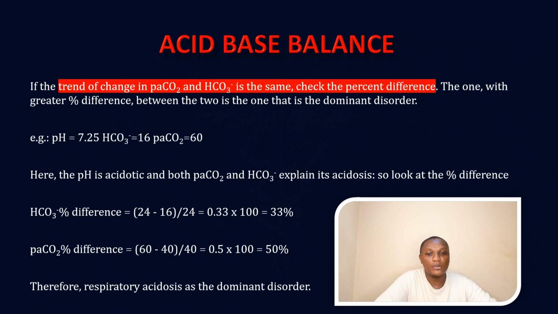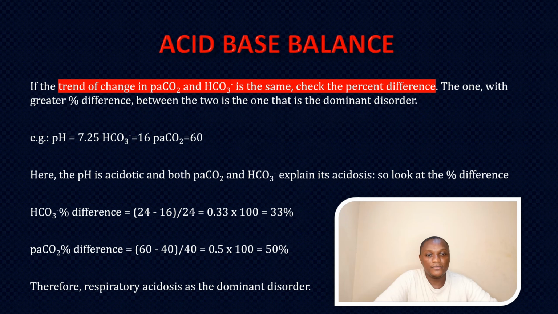Remember, the normal bicarbonate levels are between 22 to 26. The mean of between 22 and 26 is 24. So you need to take 24, subtract the given value, which is 16, divide by 24, you'll get 0.33, multiply by 100 to get 33%.